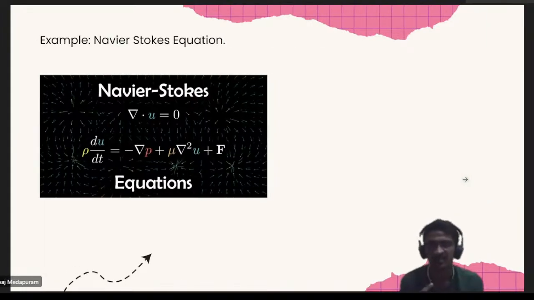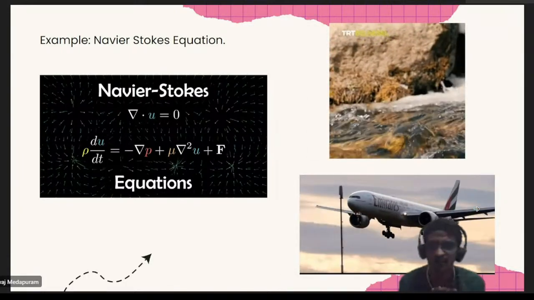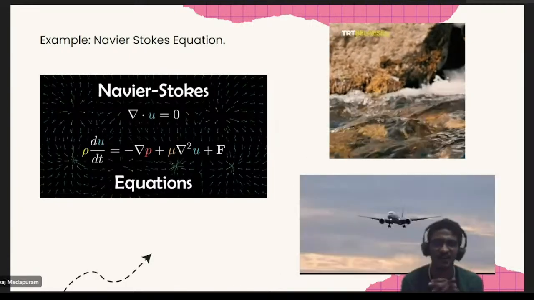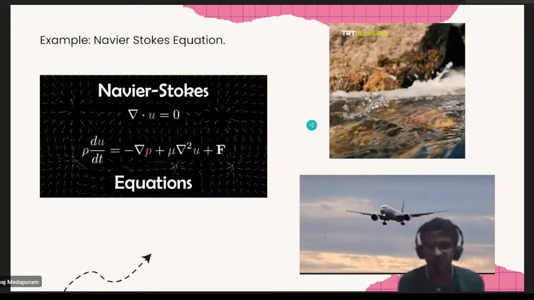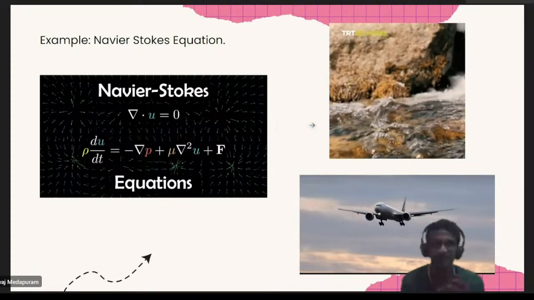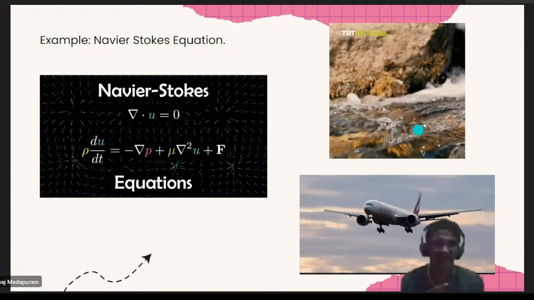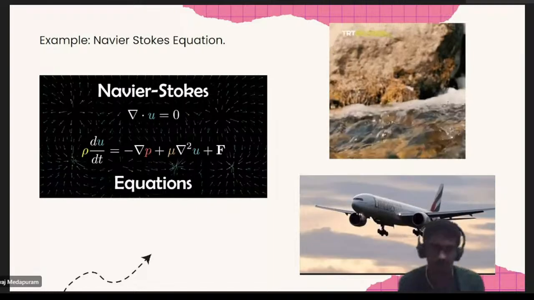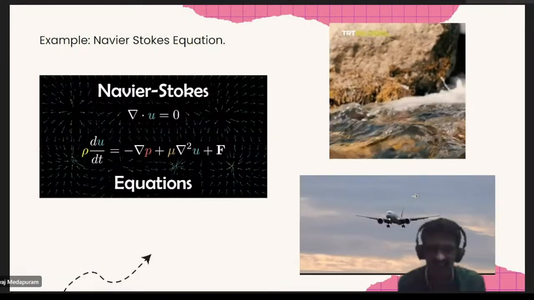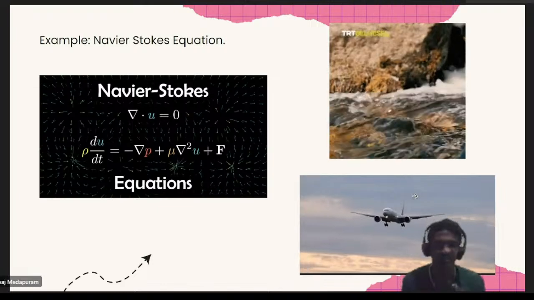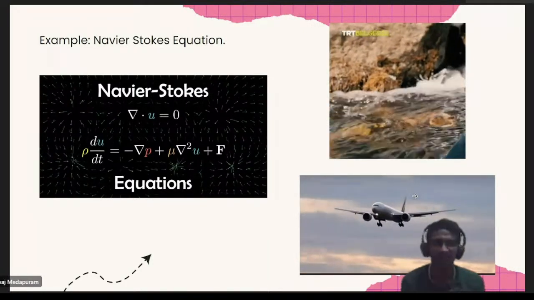And the example I was mentioning was the Navier-Stokes equations. You might have come across this before in JEE also. The Navier-Stokes equations essentially model the flow of a fluid, whether it may be air or maybe a lake. So imagine you want to model the flow of monsoons, or you want to predict the weather. You use Navier-Stokes equations and model them.